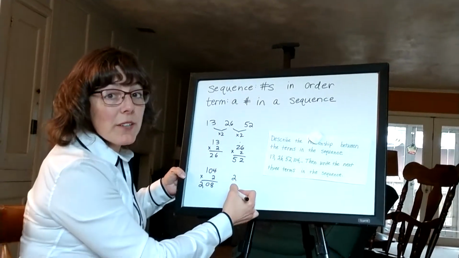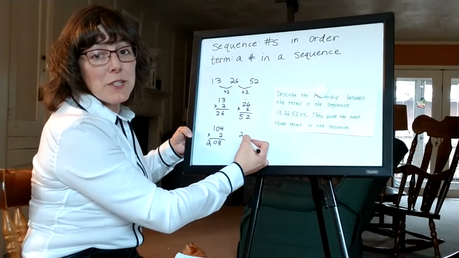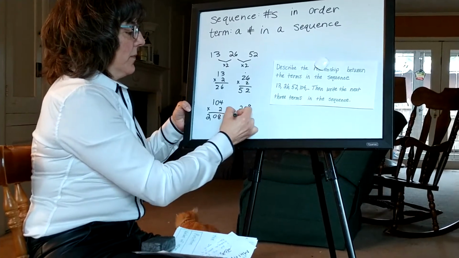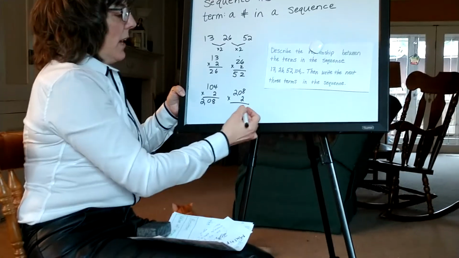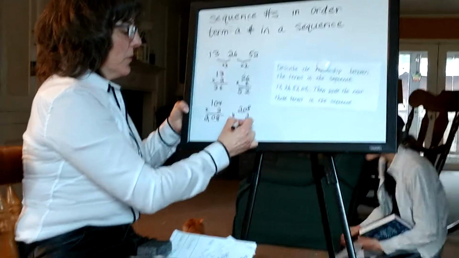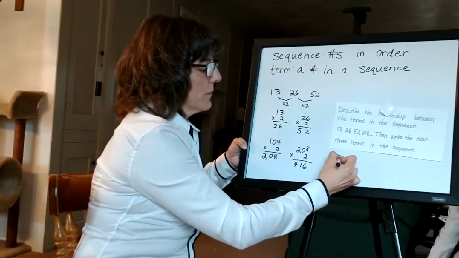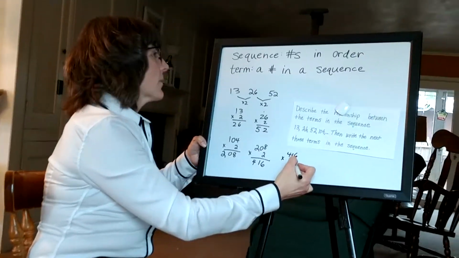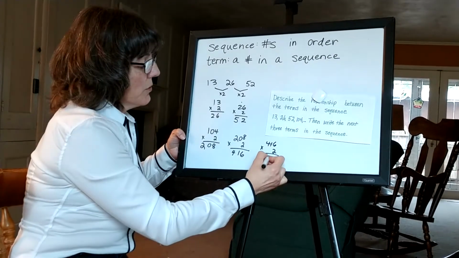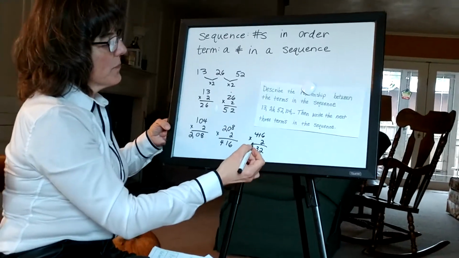Let's see if you can figure out these answers before I get there. And you can pause the video and try it on your own. I know that 8 times 2 is 16, and 2 times 2 is 4, so that's the next term. I know that 16 times 2 is 32, and 4 times 2 is 8.